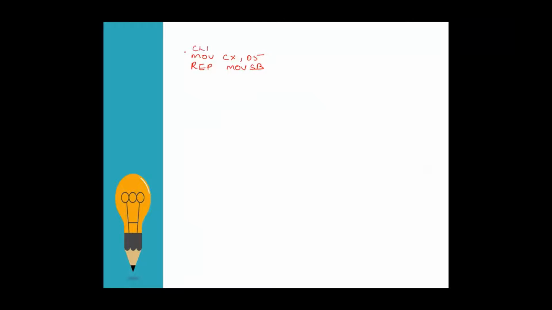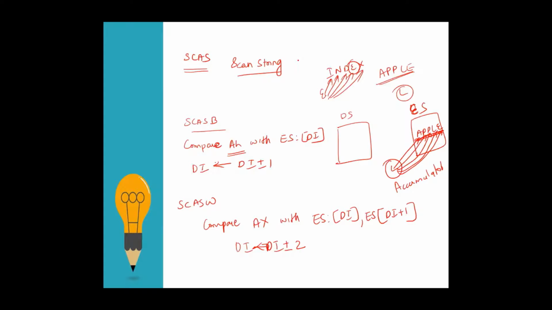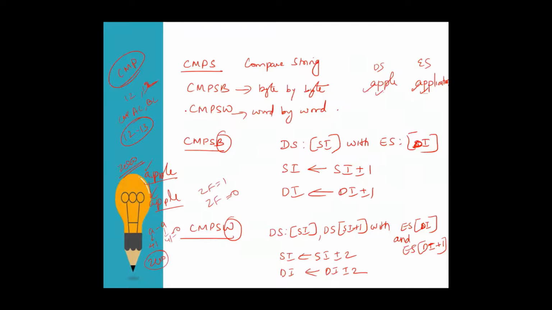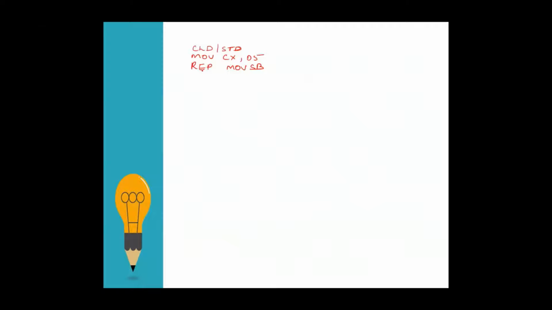And say this could be anything, the direction flag could be cleared or it could be set. How will you write the syntax of this instruction? This is how you're going to explain the syntax of the instruction.